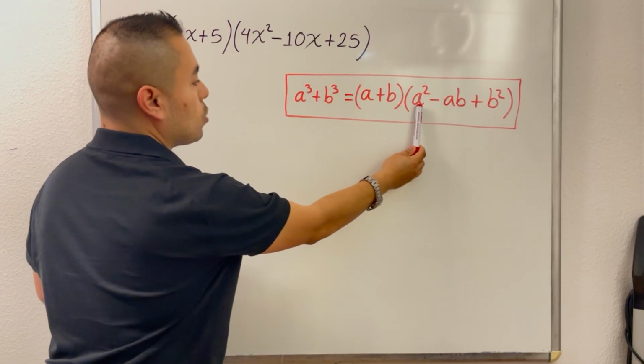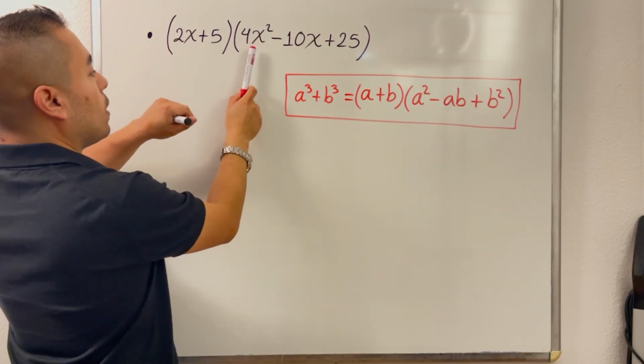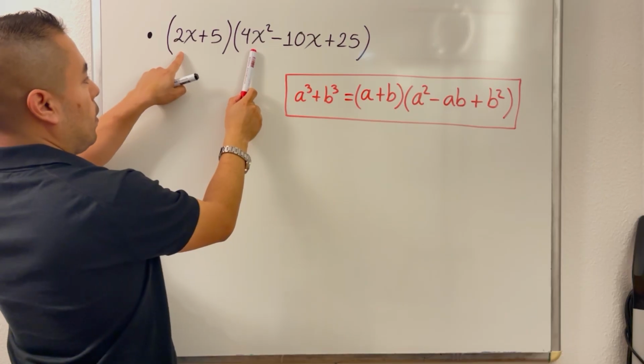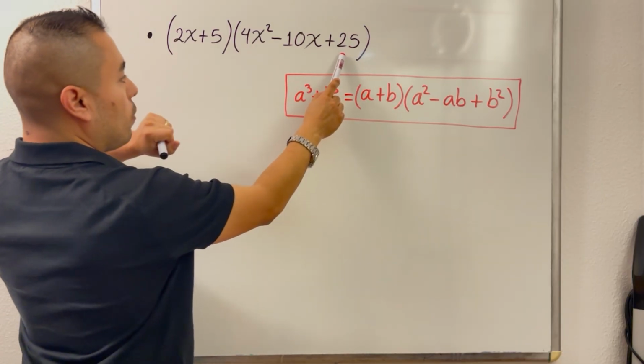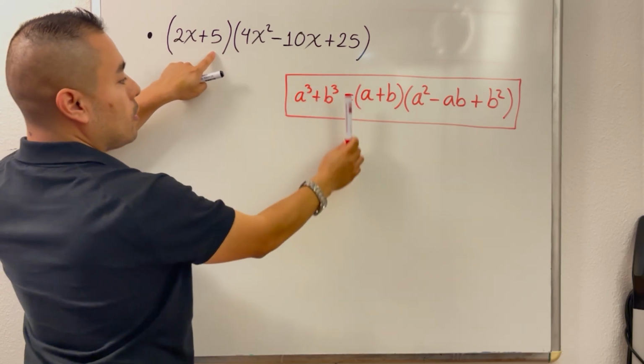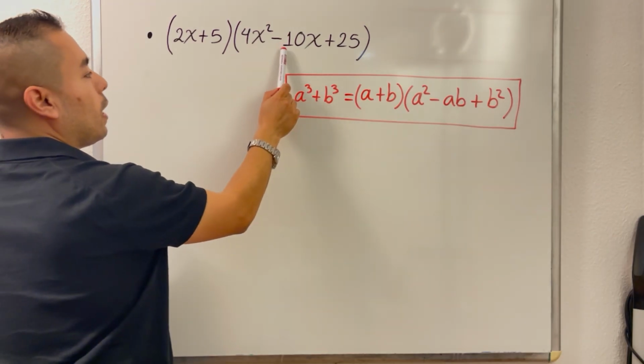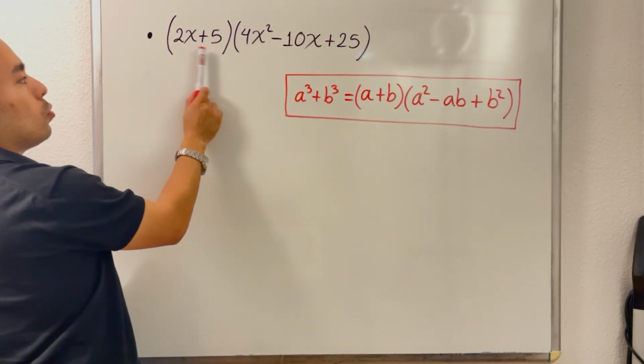A squared should be here. The value of this term should be the square of this first term. The value of this term here should be the square of this term here. This is b squared. And then in the middle should be the multiplication of these two terms.